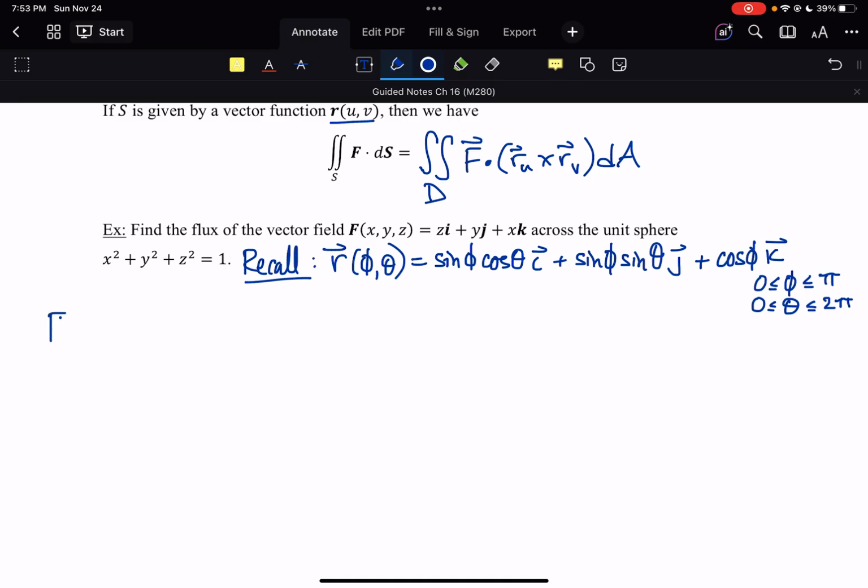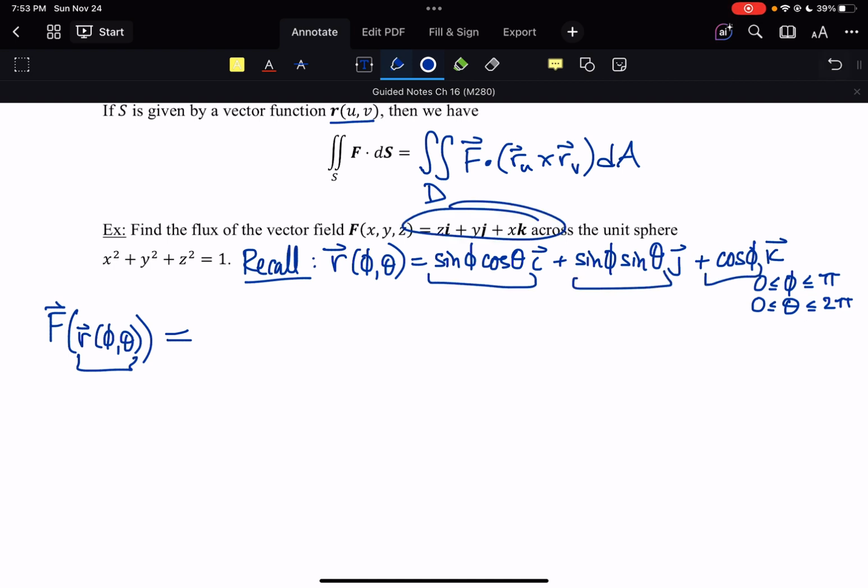So if we're going to evaluate F of r of phi and theta, all this is asking us to do, I feel like the notation maybe makes it look a little more complicated than it actually is. It just means take this formula for x, y, and z and substitute into the appropriate places in F. So instead of x, y, and z, we're putting in the formulas for x, y, and z in terms of whatever the variables are now, in this case, phi and theta.